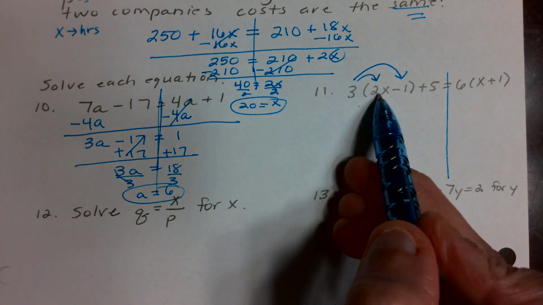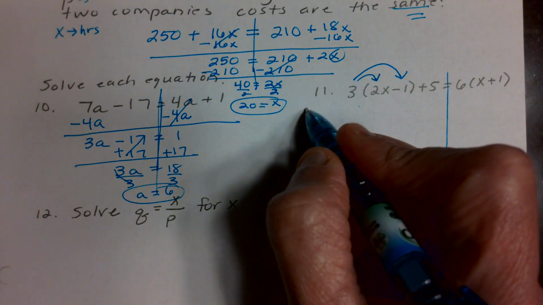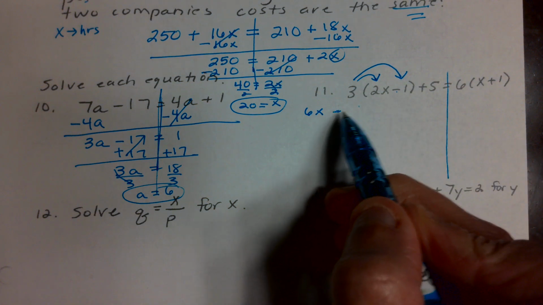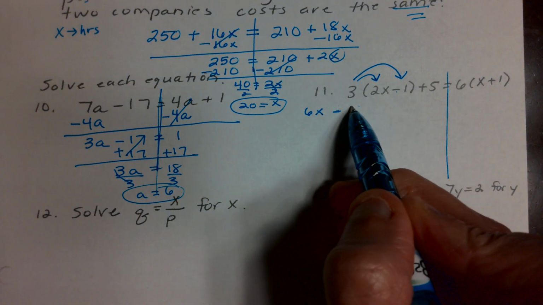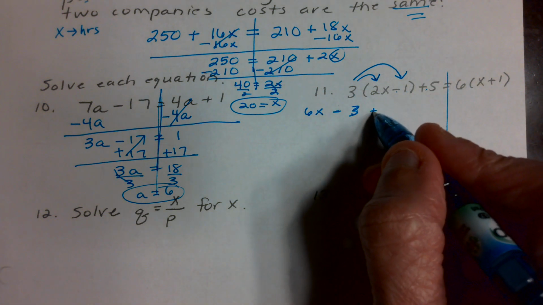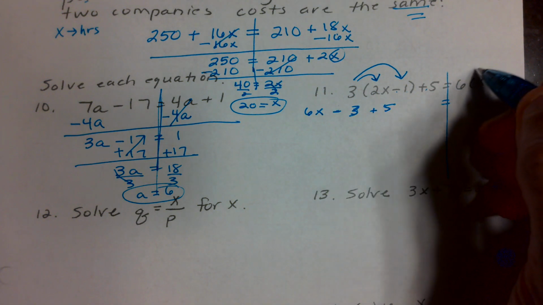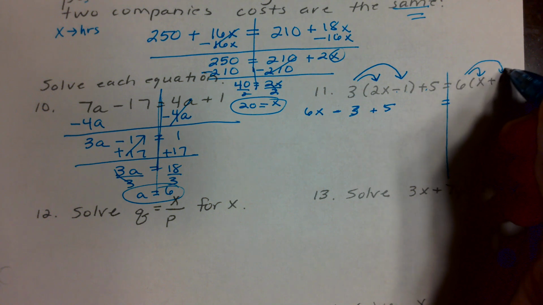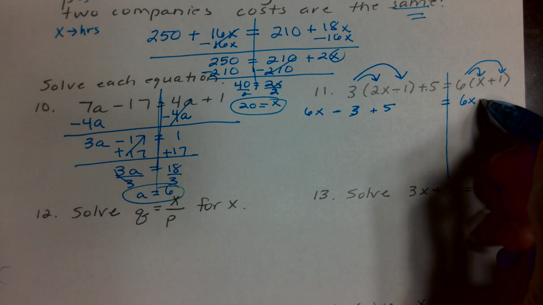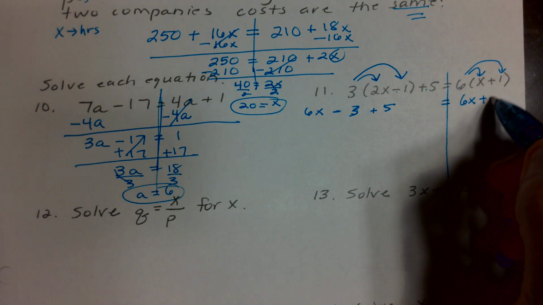So again, we're going to do 3 times 2x, which is 6x, minus, I'll put my minus there, 3 times 1, 3, plus the 5, equals, again, we're going to do the spider legs over here. So 6 times x is 6x, put the plus here, 6 times 1 is 6.